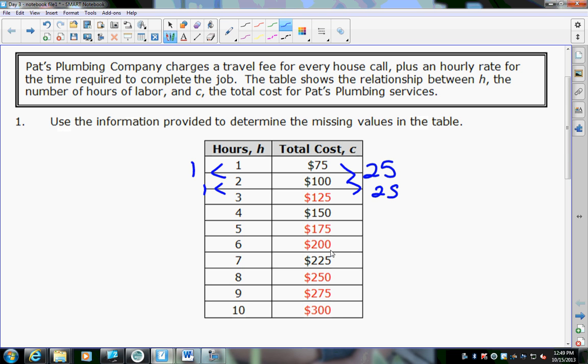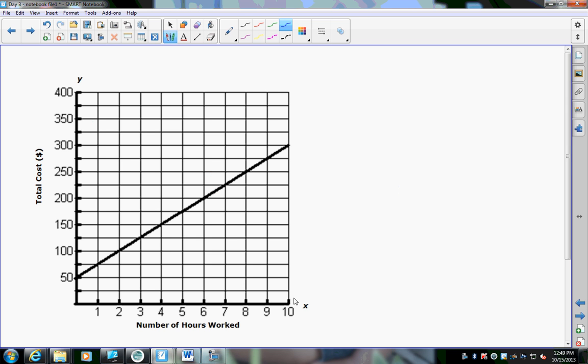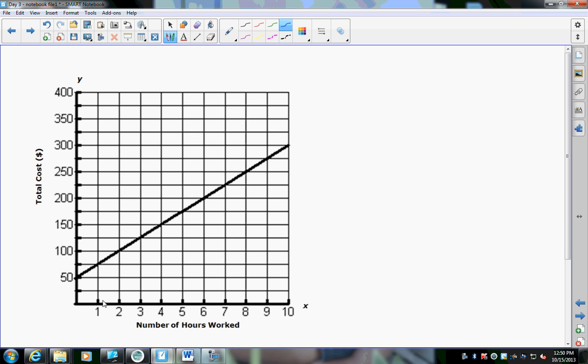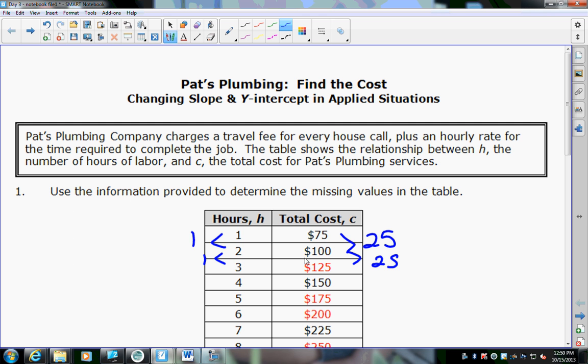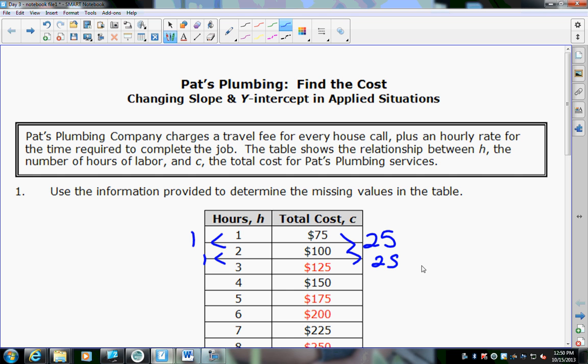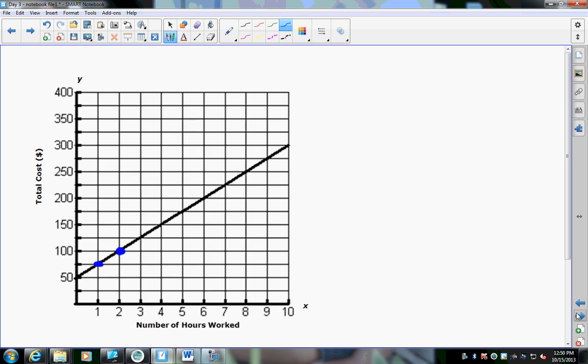Then from here, you would have graphed your line. You could have plotted your points: 1 and 75, put a dot; 2 and 100, over 2 and up 100; 3 and 125, over 3 and up 125.